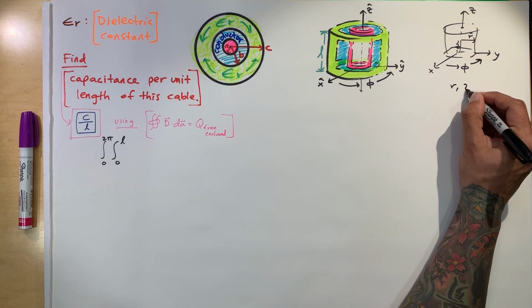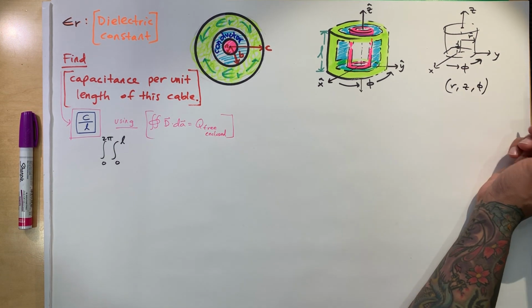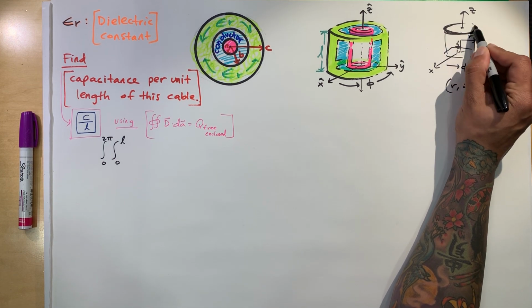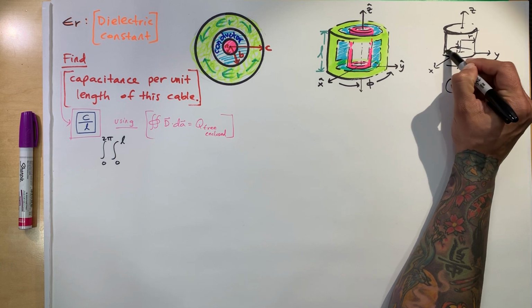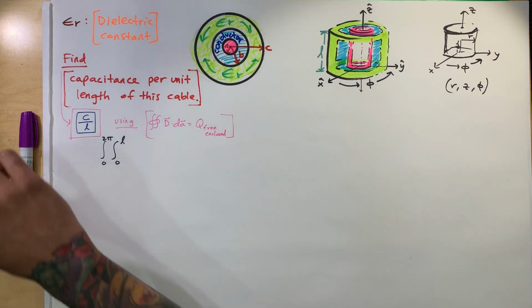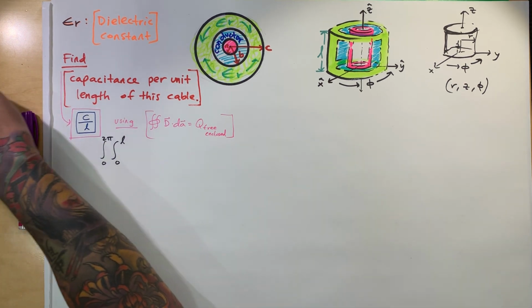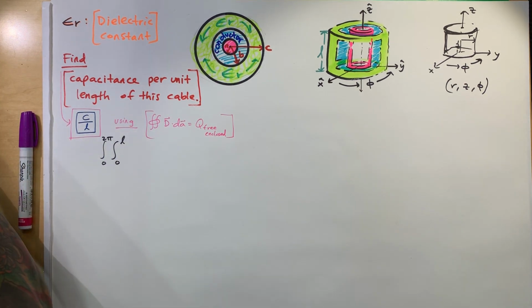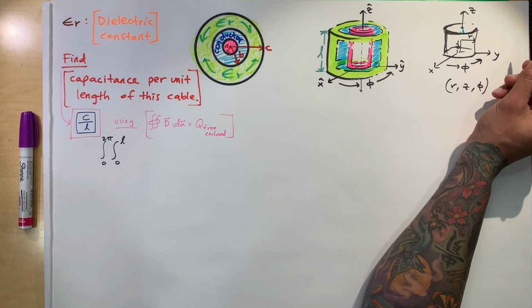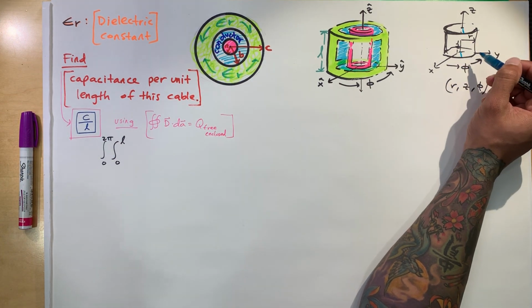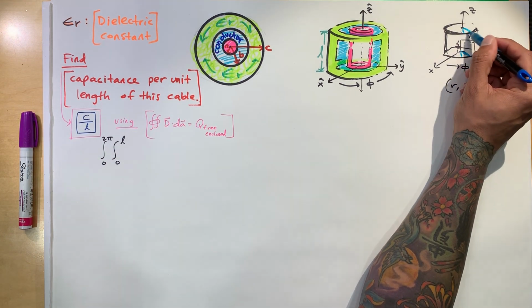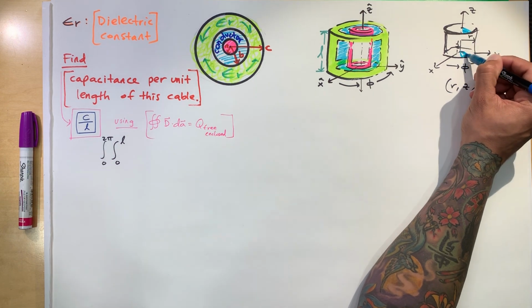So it's R, phi, Z. What we want as a surface is a distance out of R, and then I sweep across a distance of d phi.